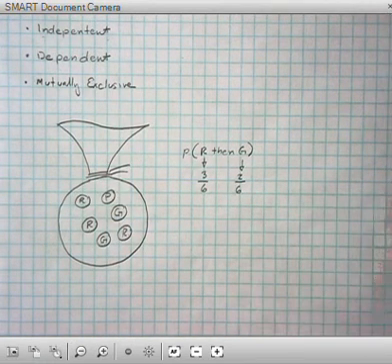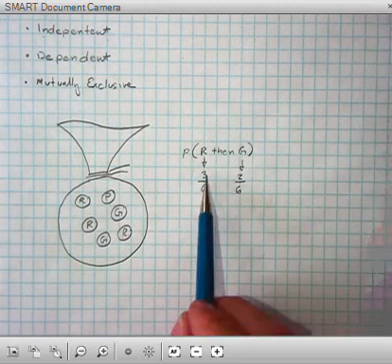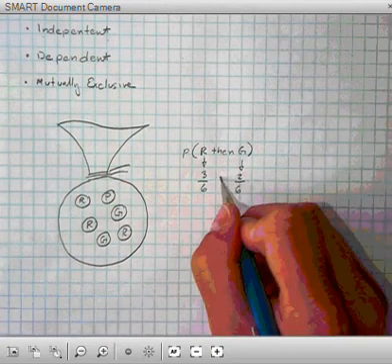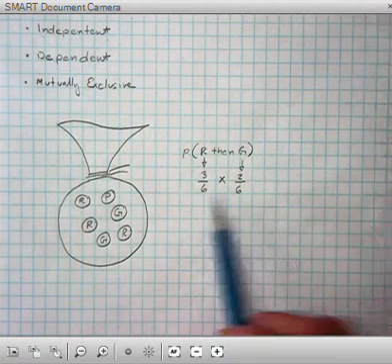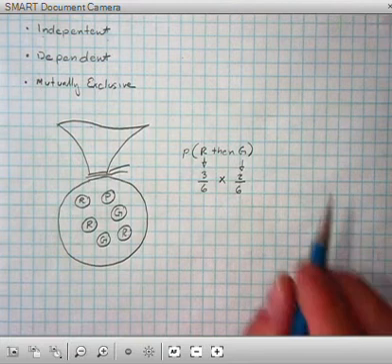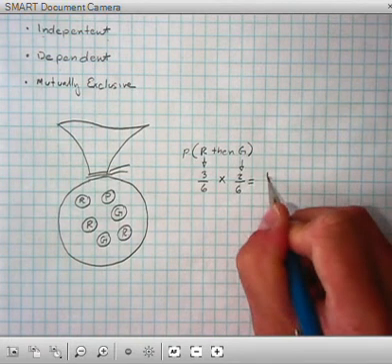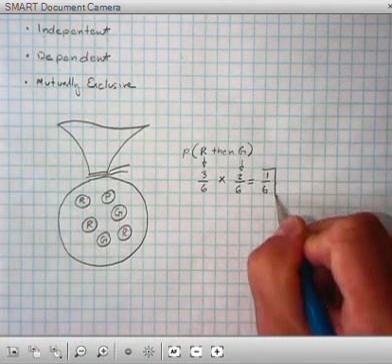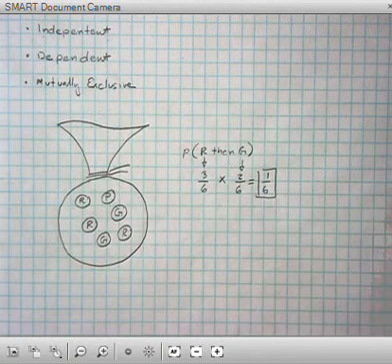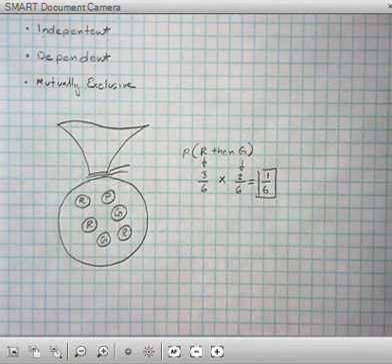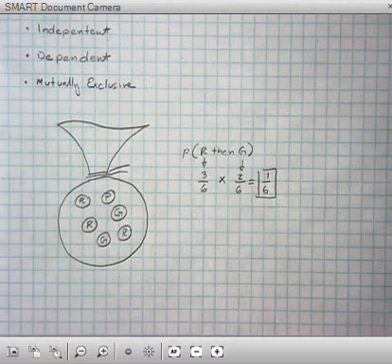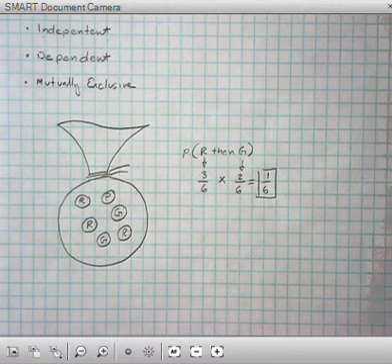So to find the probability of those happening, finding a red one and then a green one, we have to multiply those probabilities. 3 times 2 is 6, 6 times 6 is 36, reduce that to 1 out of 6. Numerator times numerator, denominator times denominator. Right, just multiply those two fractions together.